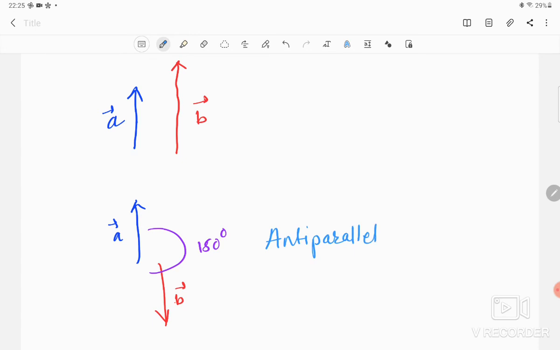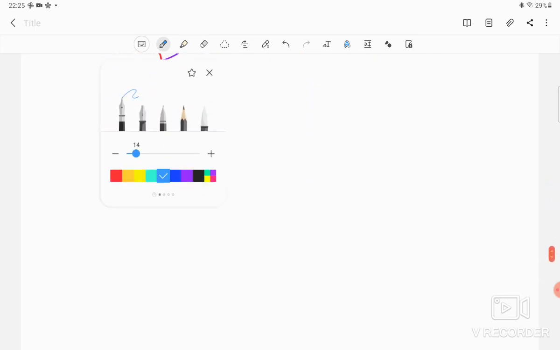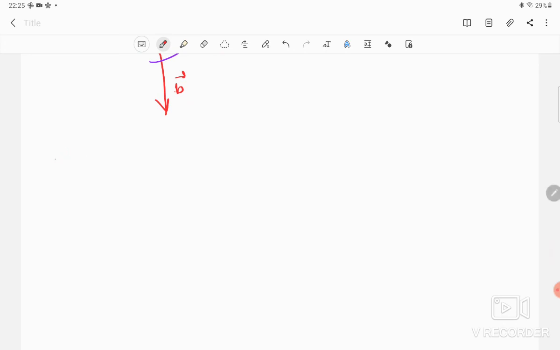Now the next type of vector is orthogonal vectors. The definition is again very simple.